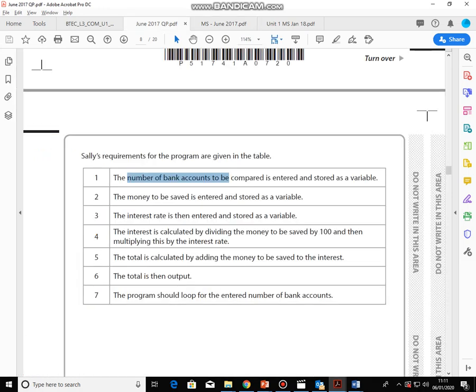So effectively just saying to the person, enter the number of bank accounts that we want to compare. The next point is the money to be saved is entered. Again, the fact that it says entered, sure you don't need to be told what shape that would be. Okay, but just as a reference, just go back to it.